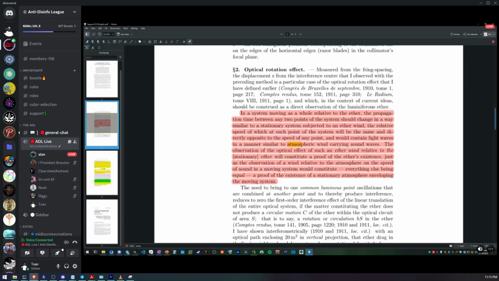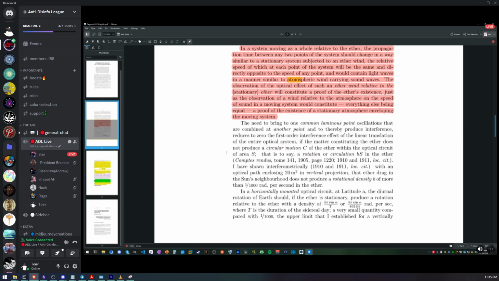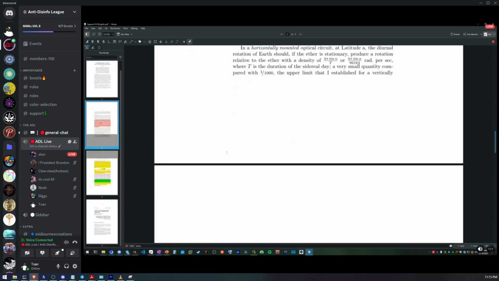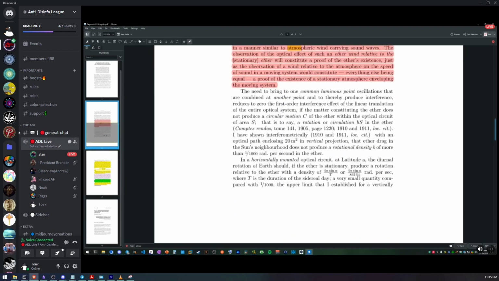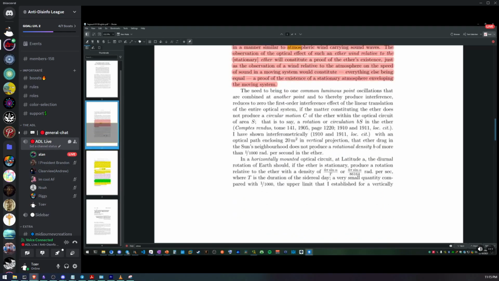That was Sagnac's original interpretation of it. And that's what he showed with these equations, with the first order dependence on the rotation of the device. That's why he was saying it's equivalent to a wind within an overall wind that's supposed to be rotating with the Earth.